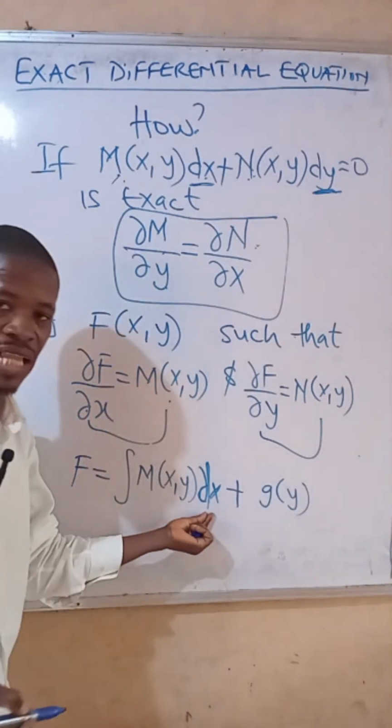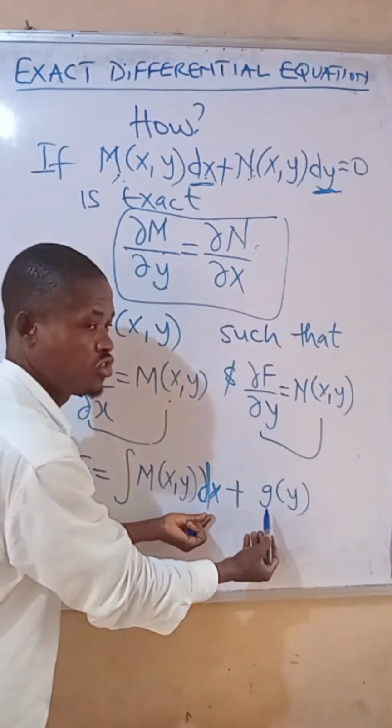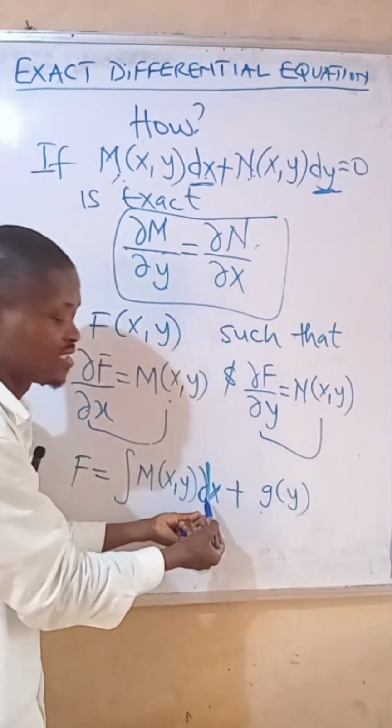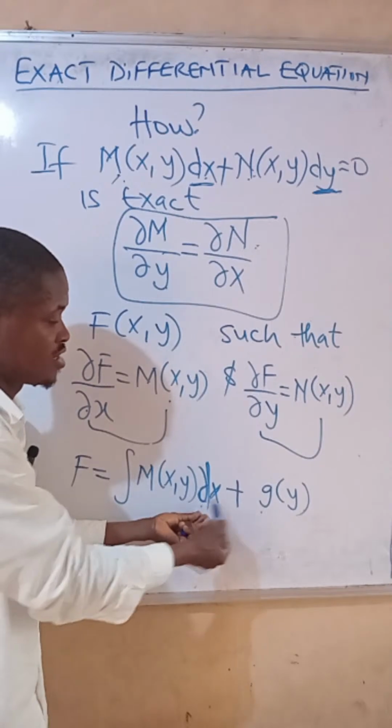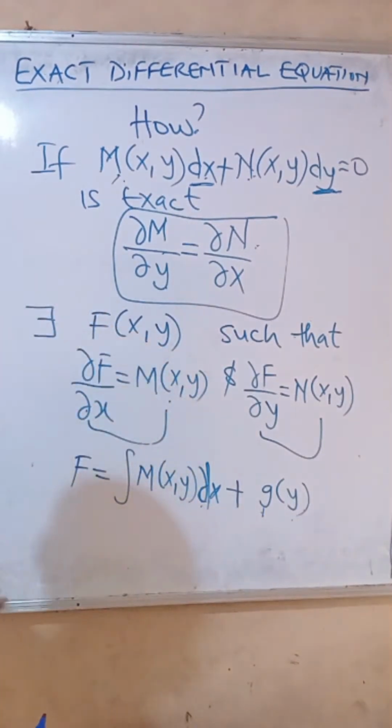If this is dx, your constant will be g of y. If it's dy, your constant will be g of x.